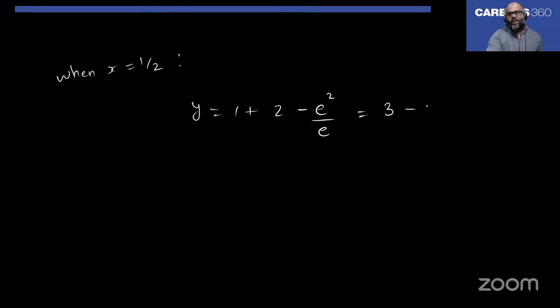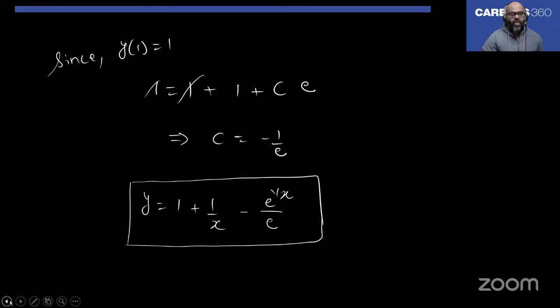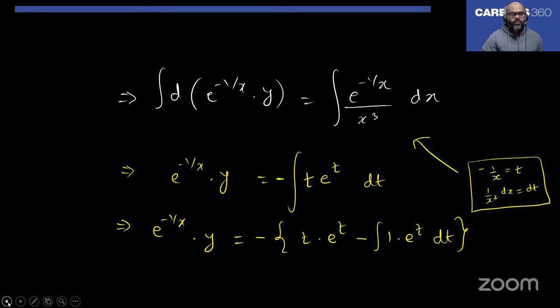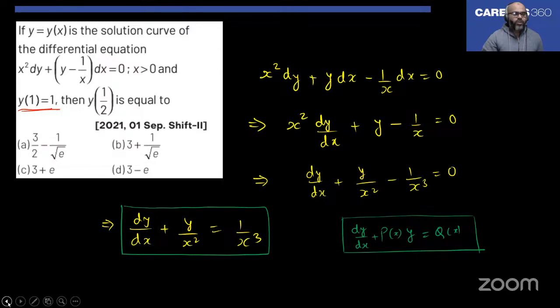So it will be 3 minus e. So this would be the answer, which is 3 minus e. Which is option D. So we'll say that the correct answer is option D.